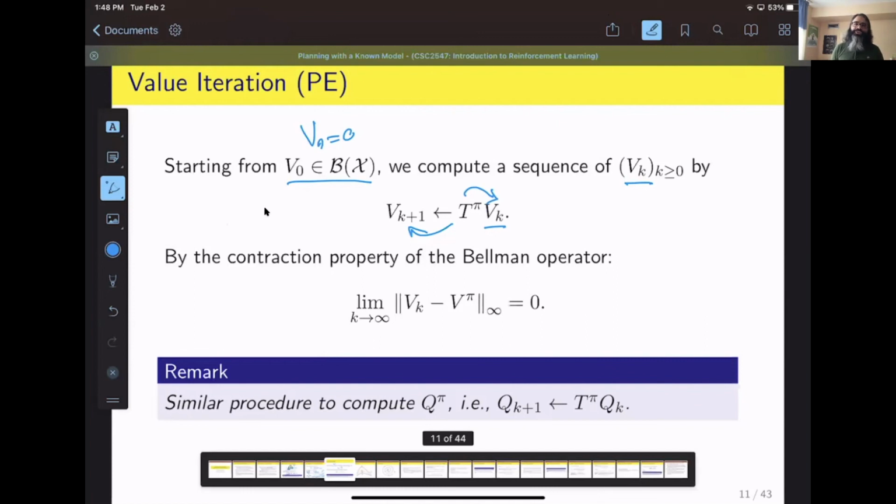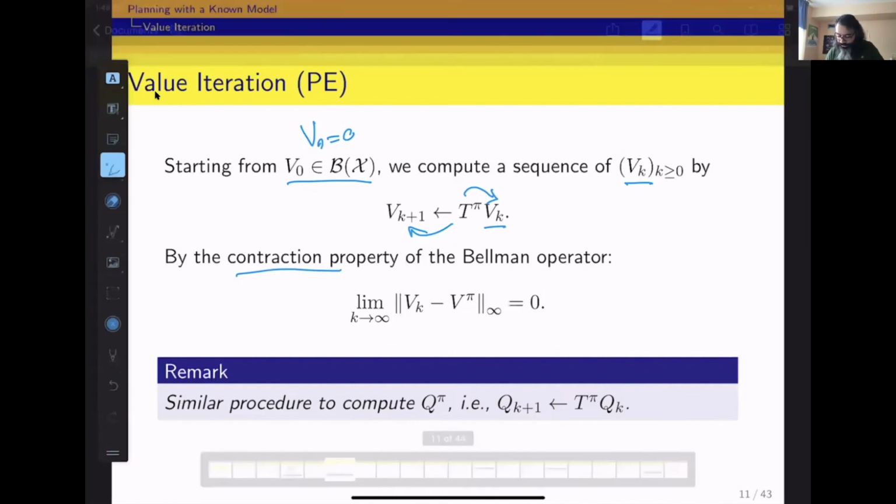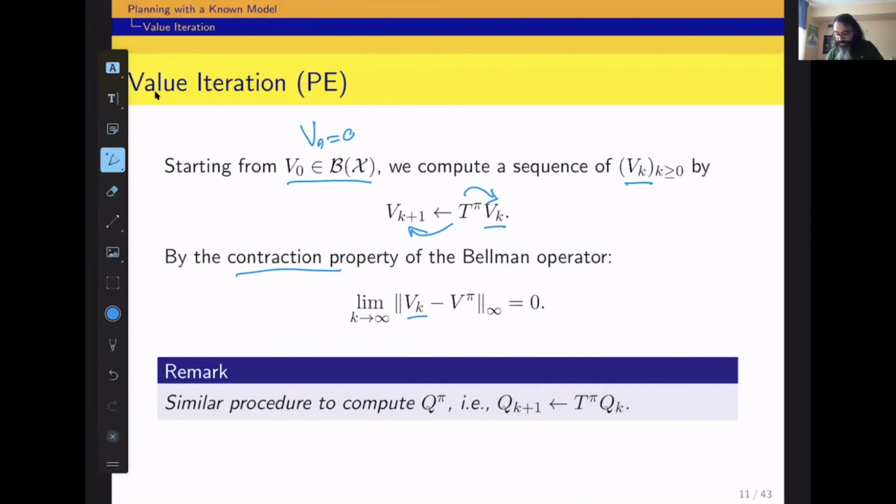In the contraction mapping theorem, or Banach fixed point theorem, we said that this is a procedure to get the fixed point. And so this is again exactly the same. Because of the contraction property of the Bellman operator, we can use the Banach fixed point theorem, and that theorem actually had an algorithm within, saying how to compute it. The result of that theorem was that Vk converges to V pi when k goes to infinity.